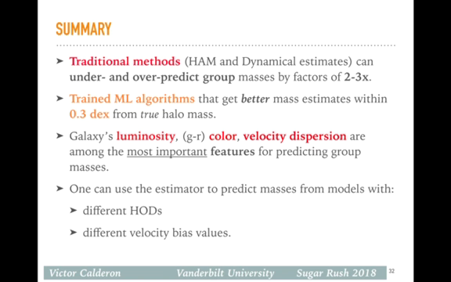We also determined that the galaxy luminosity, color, and the group velocity dispersion are among the most important features for predicting group masses. And we determined that we can use this estimator to predict masses from models that have different HOD parameters or different velocity bias values.